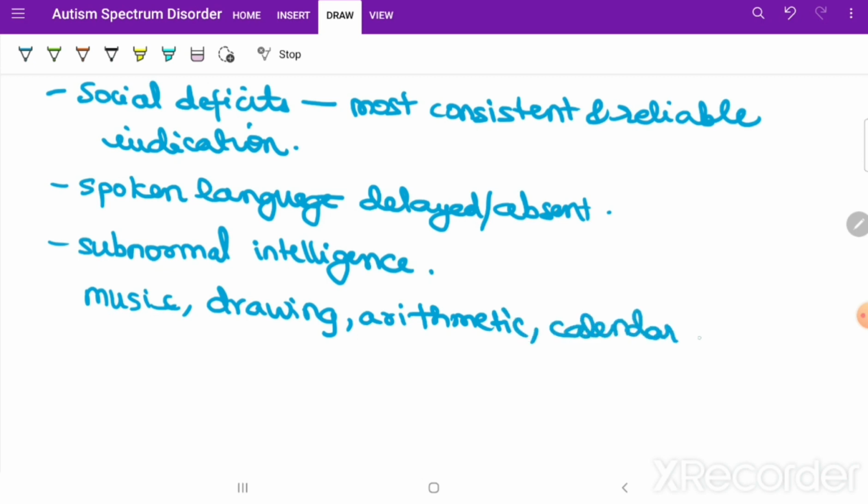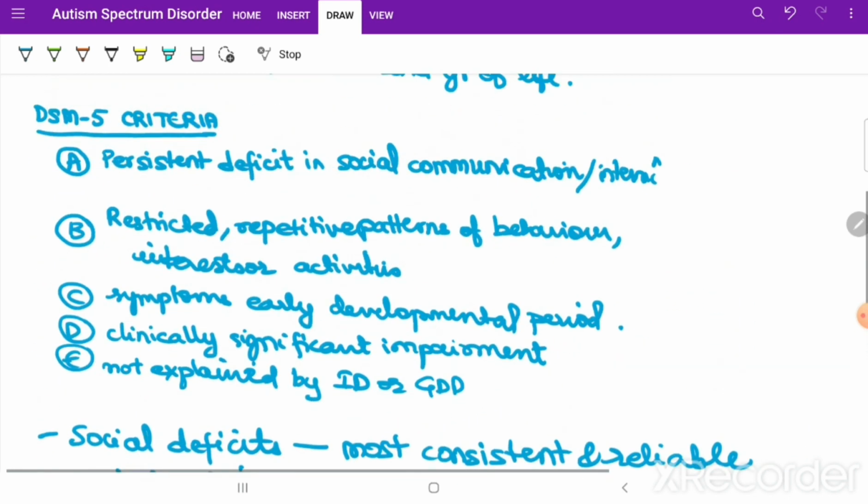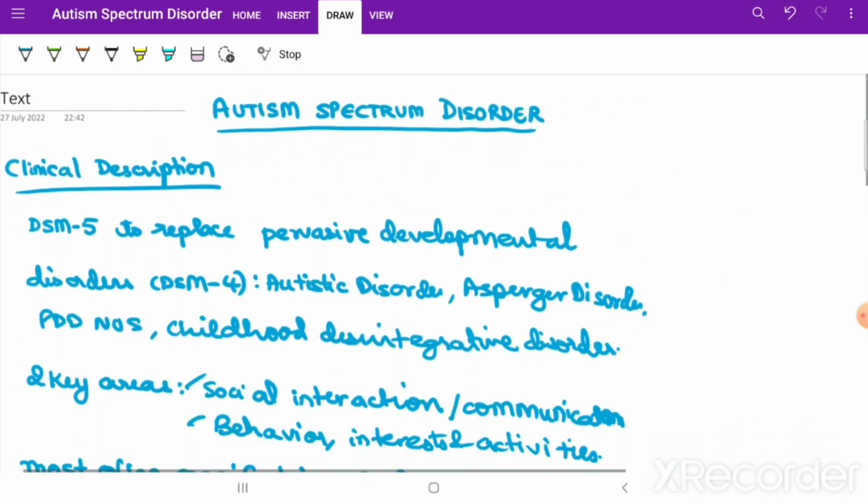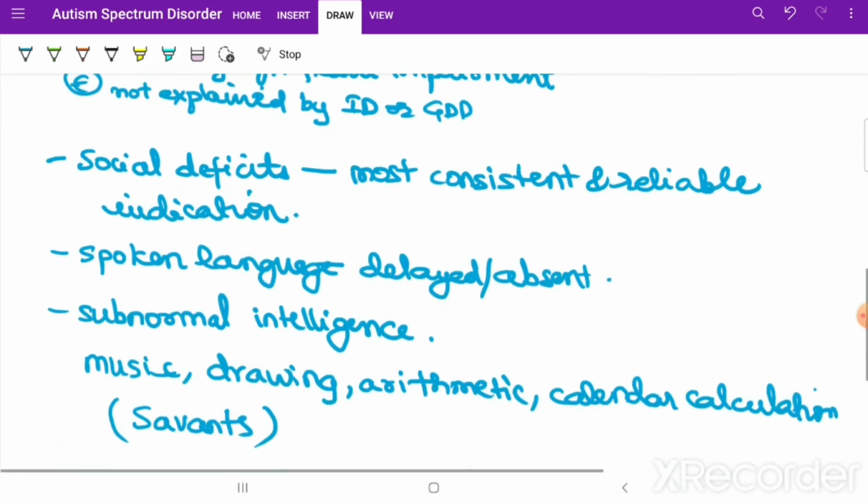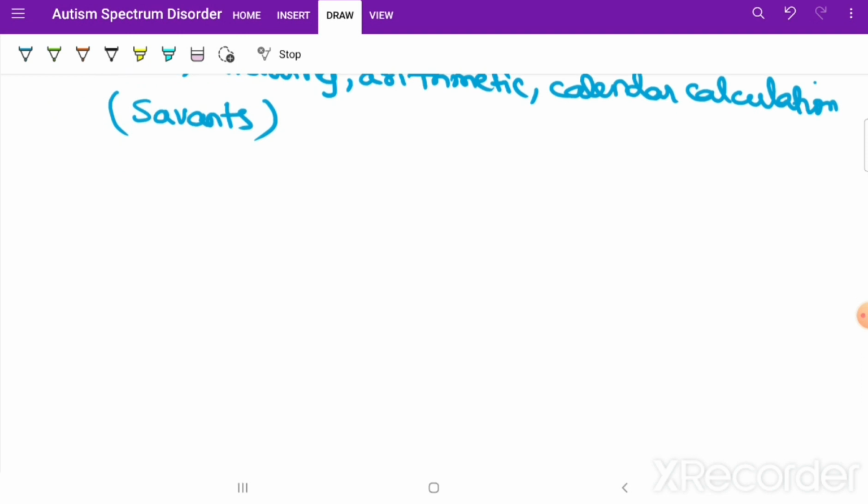So some individuals will have unusual or special capacities, and these ASD people are called savants. This is all you need to know for now about the main important clinical description of ASD. Coming next, I will go ahead with some parts of epidemiology, just a few points.